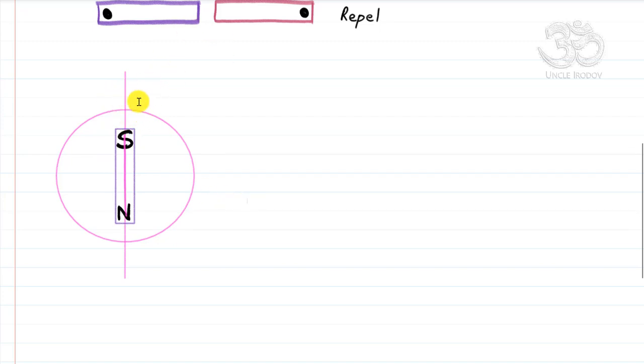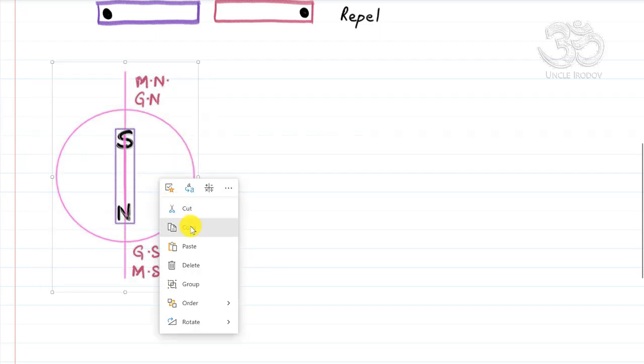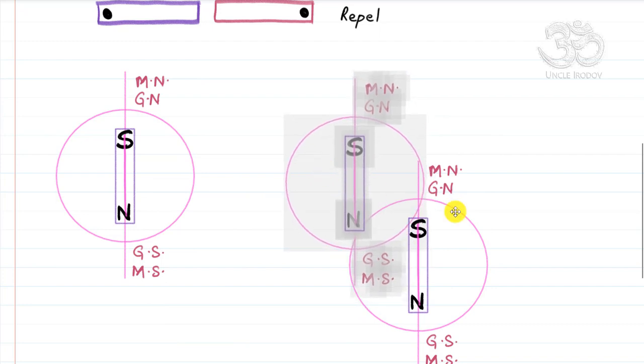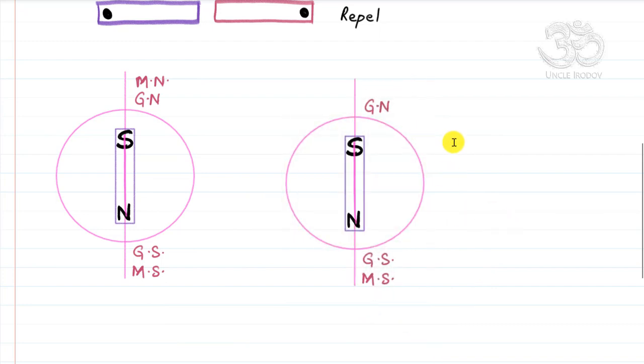So in this figure, near the top, you have got geographic north as well as magnetic north. And here you have got geographic south as well as magnetic south. But this need not be so. So you have got the same earth, the same geographic north and south, but then the magnet may be tilted in a different view.